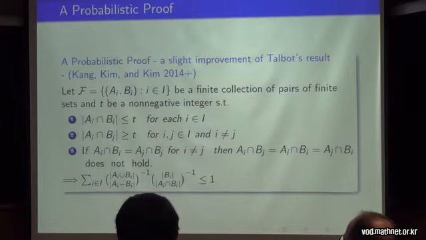Here, by using the probabilistic method, we proved the previous Tuza result and give a slight improvement. After putting a weaker condition than the previous one, we get the same upper bound.